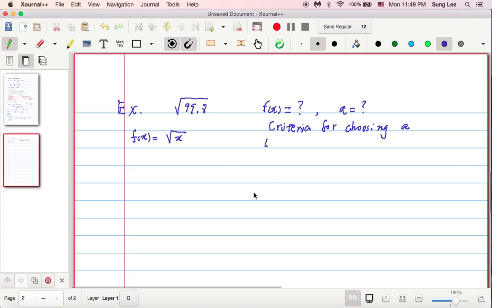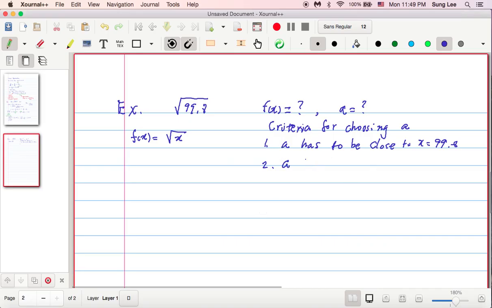The first criterion is the following: a has to be close to the x value. In this case, the x value is 99.8.